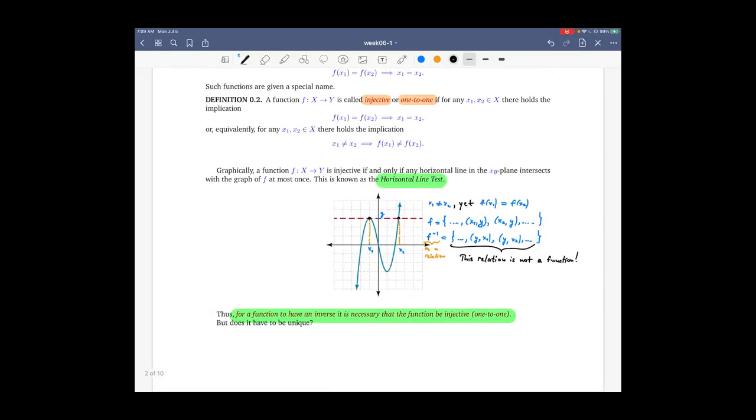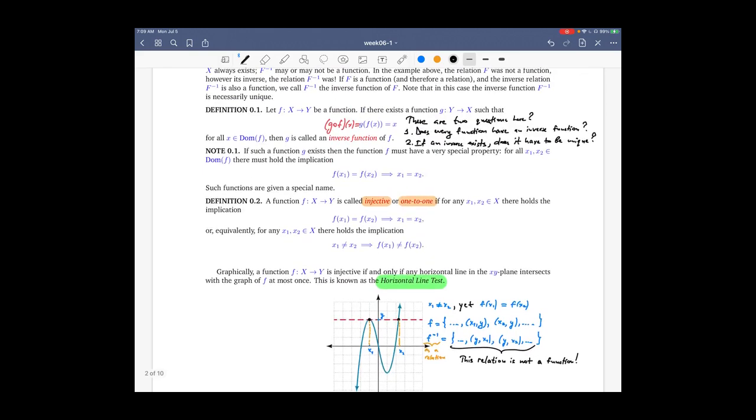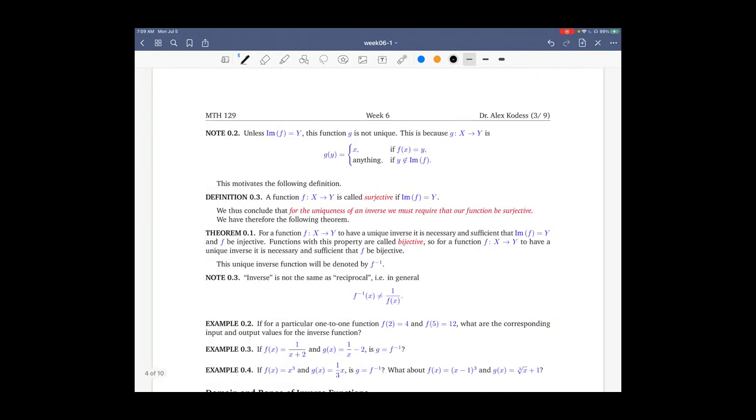Now what about the second question? If an inverse exists, does it have to be unique?